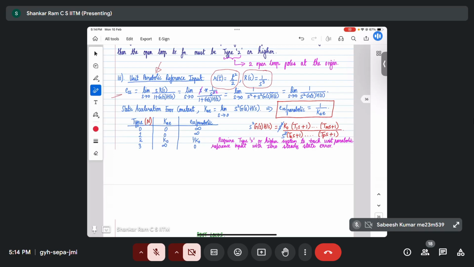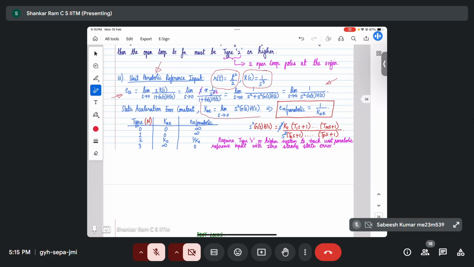We essentially get the steady state error e_ss to be limit s tending to 0 of s times R of s divided by 1 plus G of s, H of s. We substitute R of s to be 1 by s cube. If we simplify this, we get limit s tending to 0 of 1 by s squared G of s, H of s.